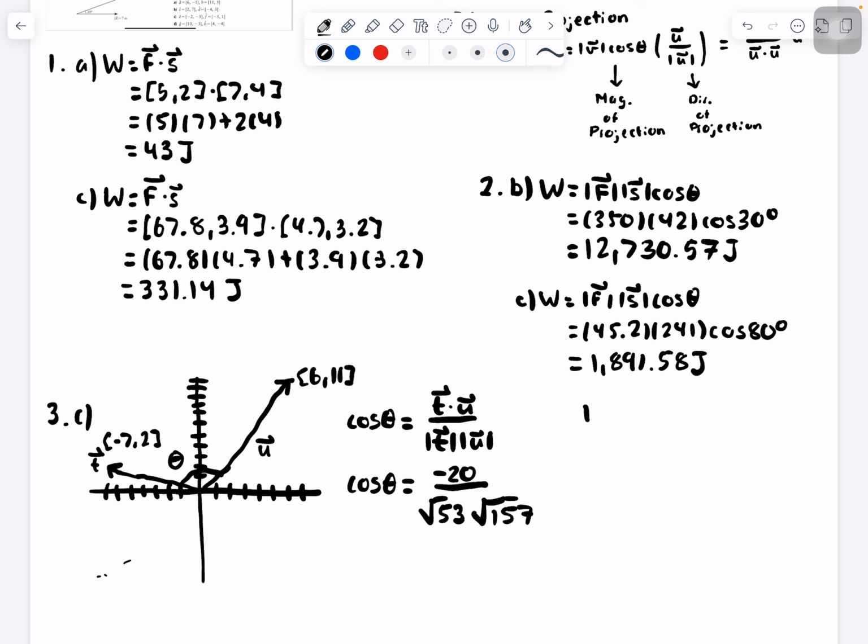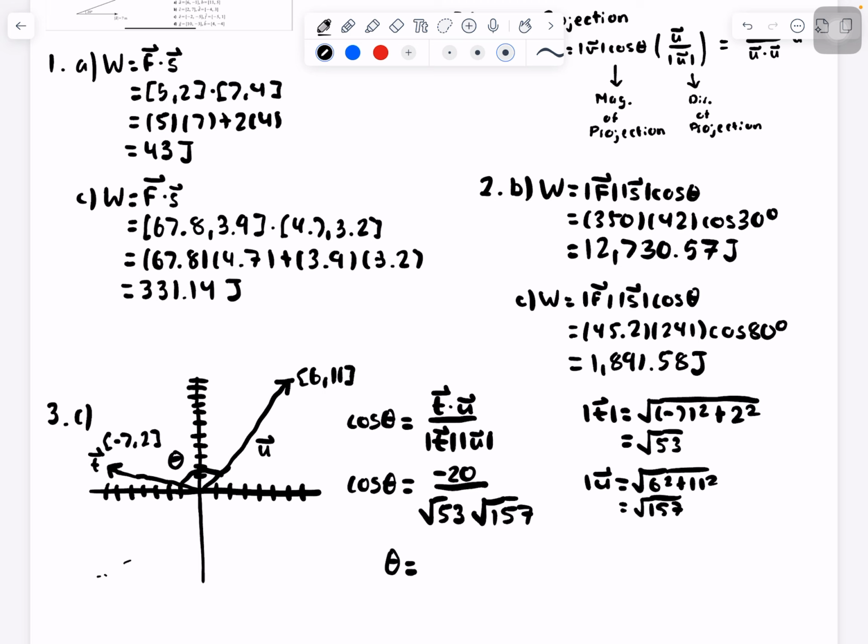All right. So then theta will be the cosine inverse of that.